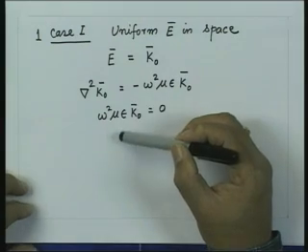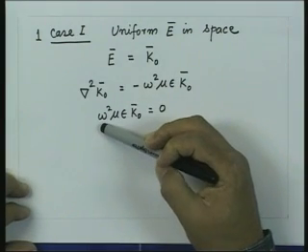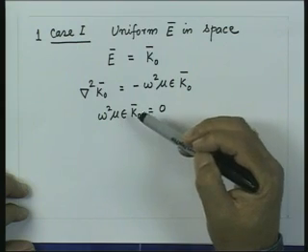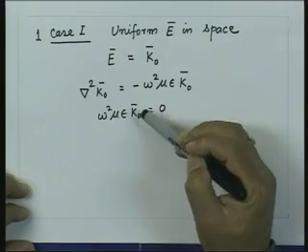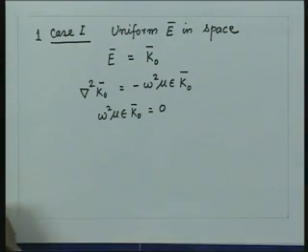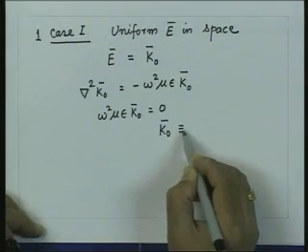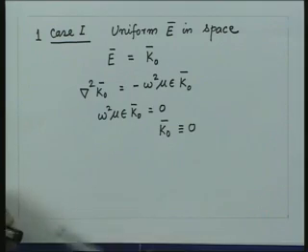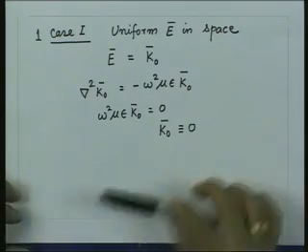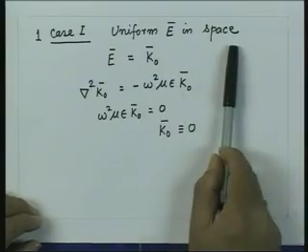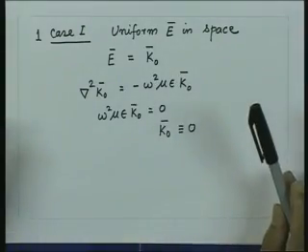Since we are now interested in time varying fields, omega is not equal to 0, and mu and epsilon are not equal to 0 anyway. So, the quantity which has to be 0 is k naught. What this implies is that k naught should be identically equal to 0, or in other words, a uniform electric field in 3-dimensional space is not consistent with the wave equation, is not consistent with the Maxwell's equations.